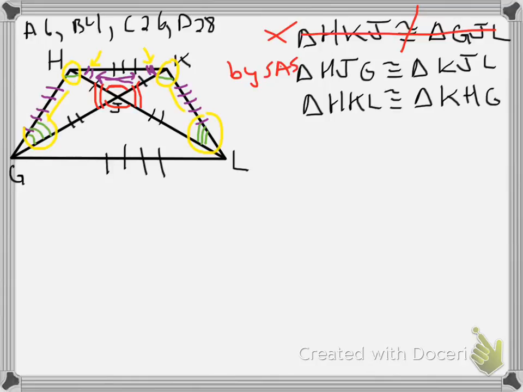So let me erase some of this stuff so you can see better. If you go like this, these sides were the same, so their opposite angles by the base angles theorem were also the same. So I'll put 2 marks there and 2 marks there. So I've got that, and that's going to help us a lot.